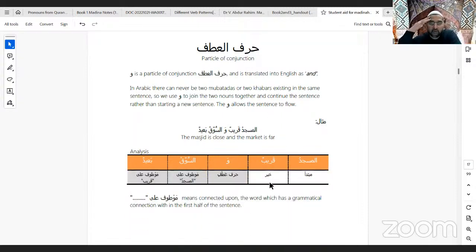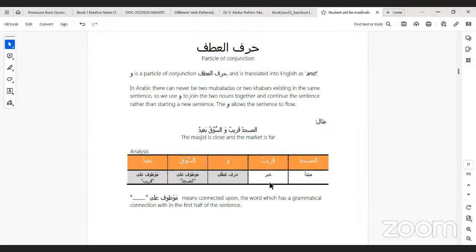Harful atf, particle of conjugation. Waw is a particle of conjugation, harful atf, and is translated into English as "and." In Arabic, there can never be two mubtadas or two khabars existing in the same sentence.